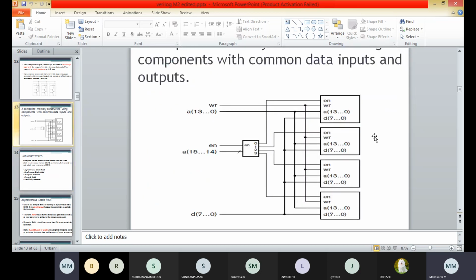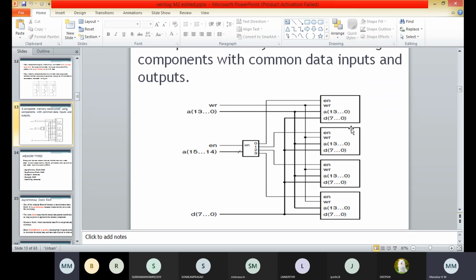During the write operation, the data signals are driven with the data to be written.